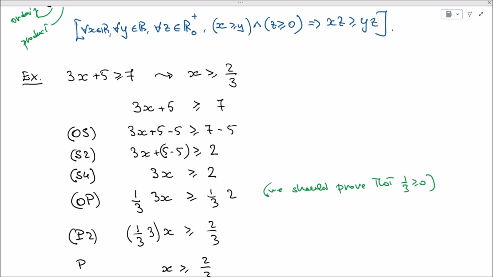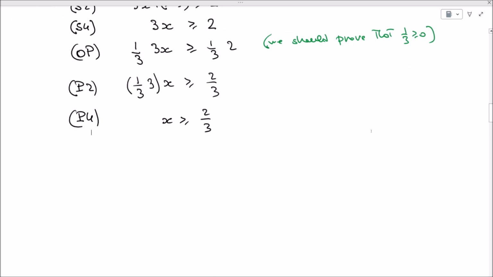So we are still using now P4. So you see that we have solved the inequality, and hidden in every step is the application of all the axioms that we have just introduced.